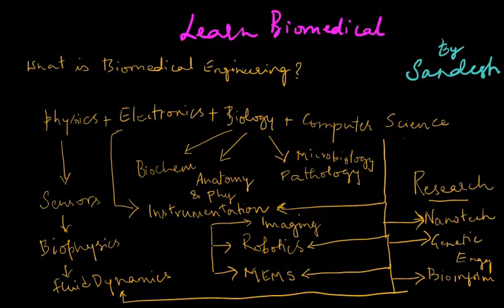The computer science aspect also branches out into various other substreams. For example, it can be used by a biomedical engineer to enroll in nanotechnology, where he can learn about nano computing aspects, which will again help in developing tools as well as applications for various diseases.